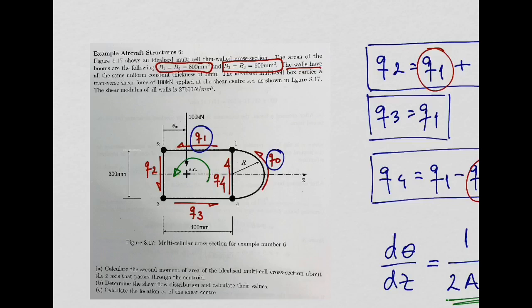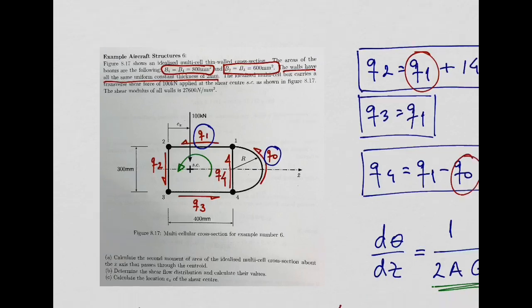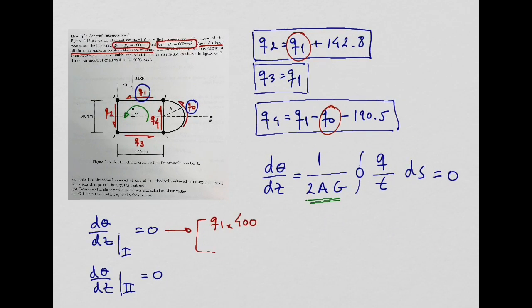Yeah. The walls have all the same uniform constant thickness of 2 millimeters, which is even easier in this example. So all of these walls will have the same 2 millimeters thickness. So what I can do is put all the 2 millimeters outside here because it's going to be common for the 4 different walls.